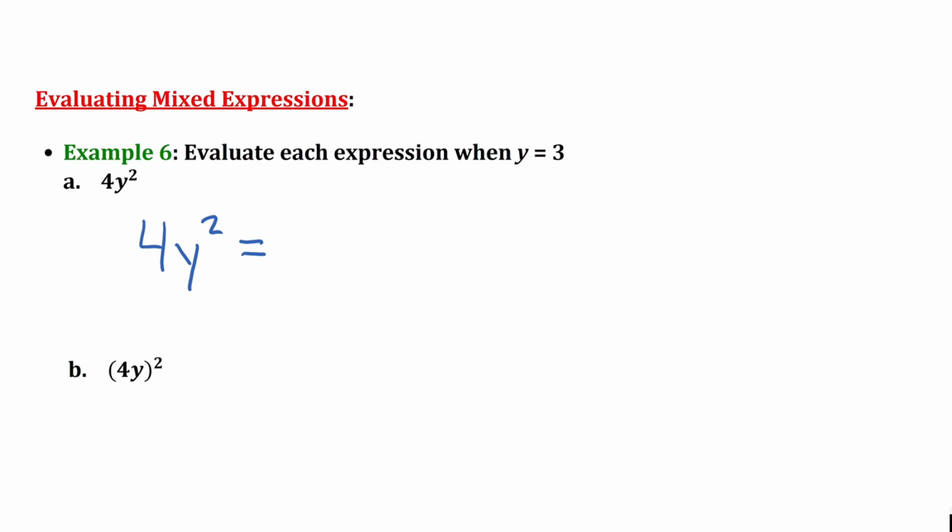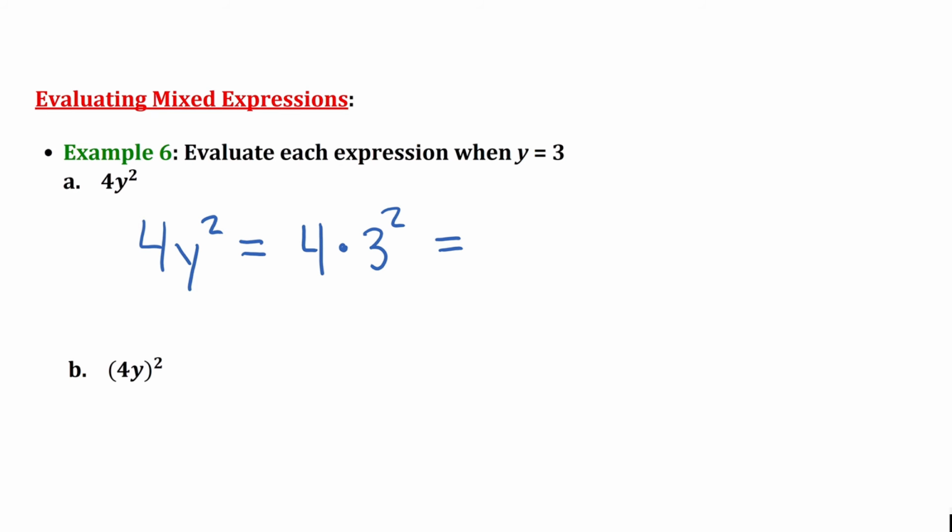Then I'm going to rewrite the expression by substituting our 3. So here we're going to have 4 times our y squared. So exponents come before multiplication in our order of operations. So I'm going to say 4 times our 3 squared.